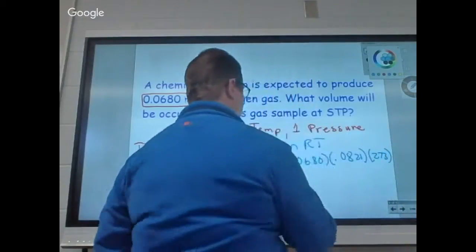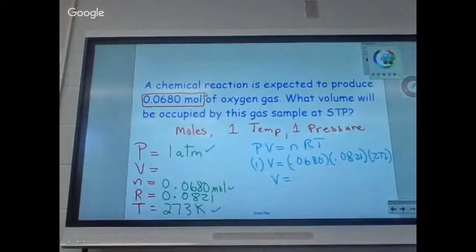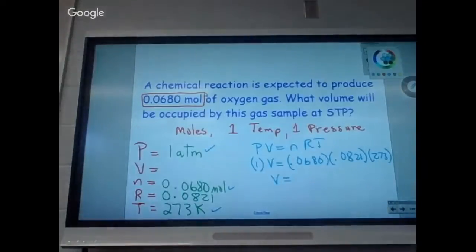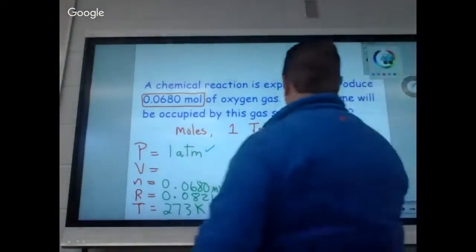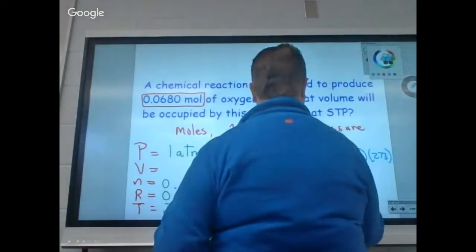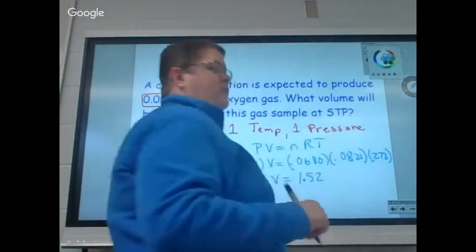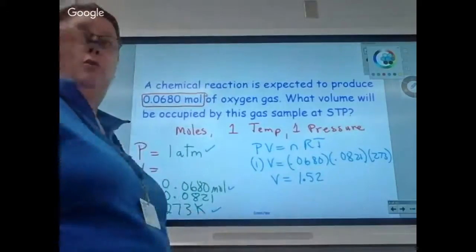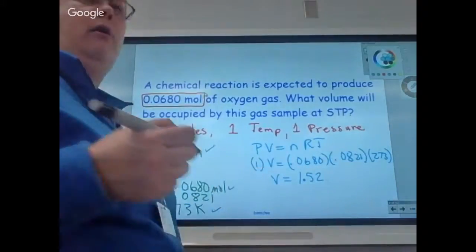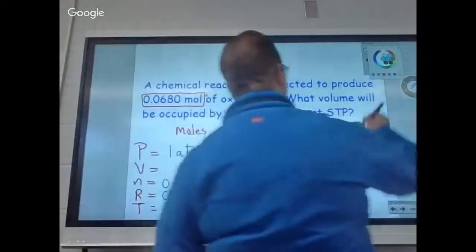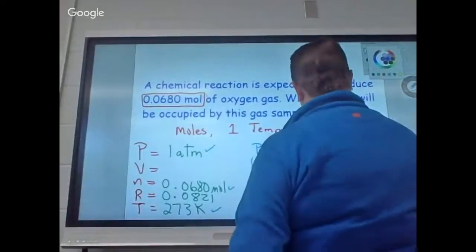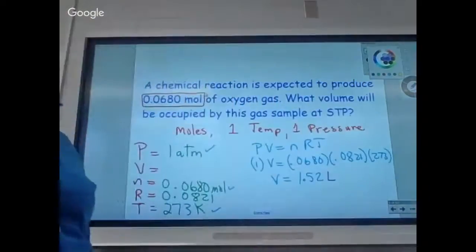So volume equals 1.52. Because of what we said about R, the unit is liters. You write liters on the end, and you're finished.